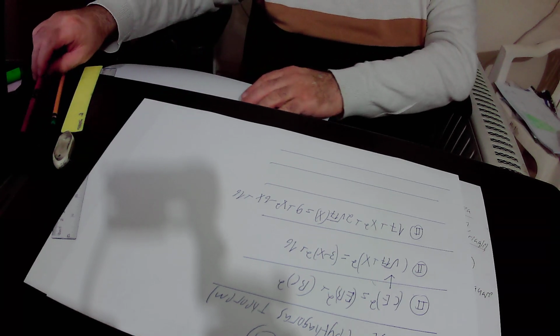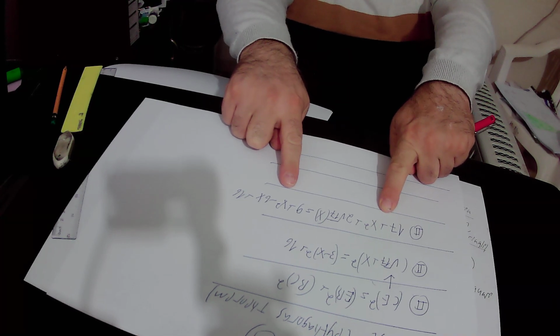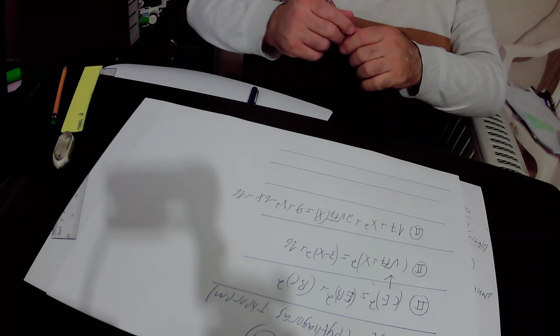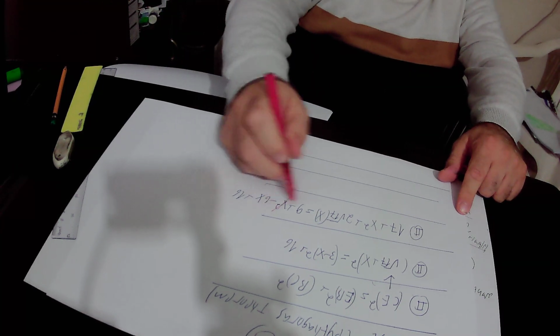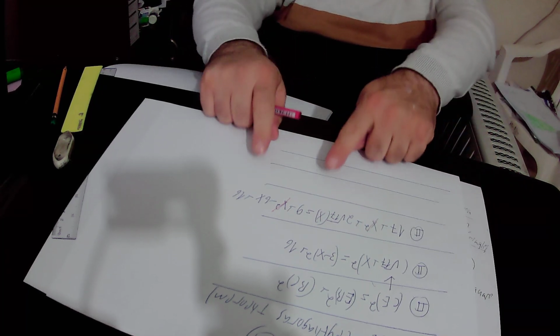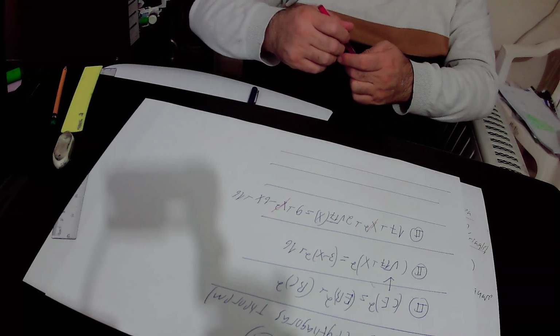So here we have x square on both sides of equation number 2, so x square will get cancelled. And we also know that 16 plus 9 is 25, so I'll write it down.